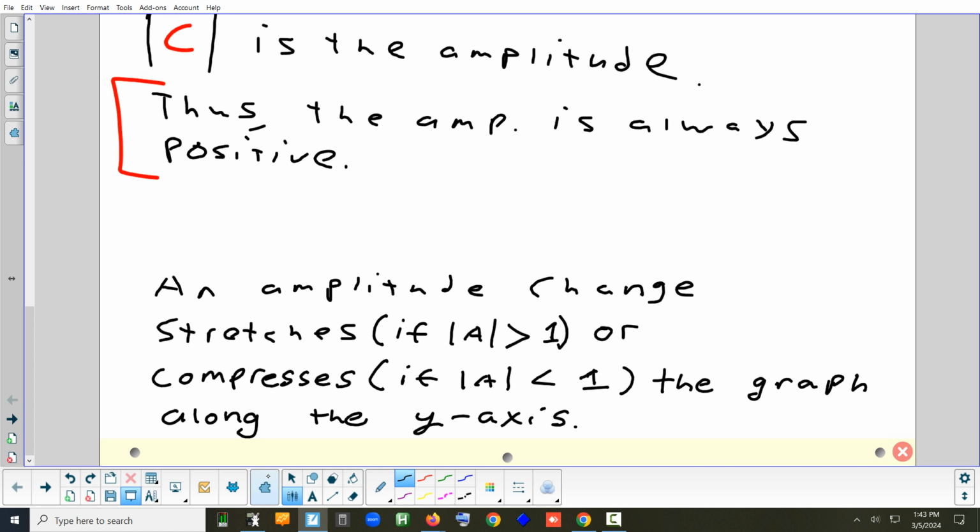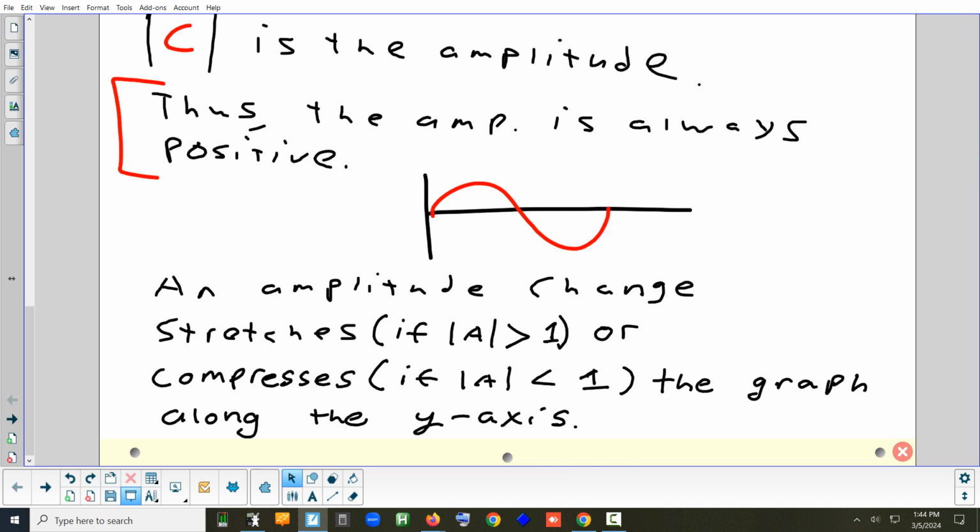Okay, so now we want to start thinking about what is going to change. All the coordinates have an x part, and then they have a y part. We're going to be stretching and compressing vertically. When you stretch or compress vertically, what part of the coordinate changes? The y. Right, the y changes. So you got something like that, and something like that.